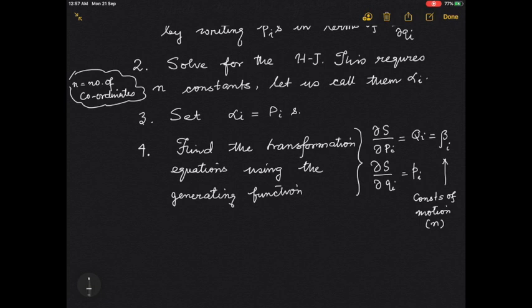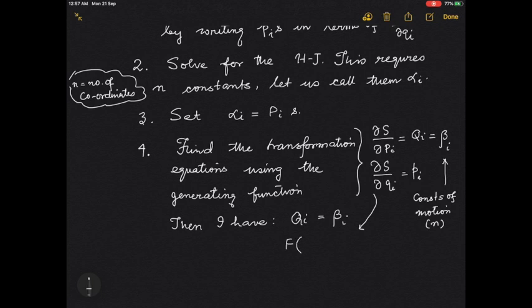So let's see what will I have once I have done this. I will have Qi's as beta i's, and del S del qi, what will that be a function of?